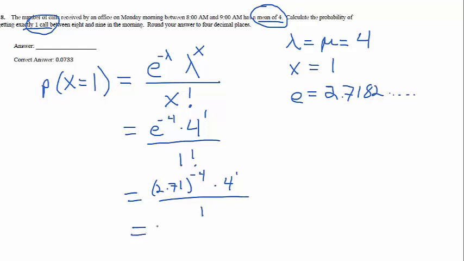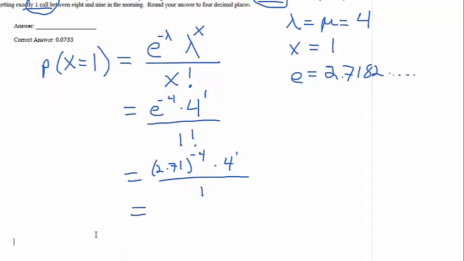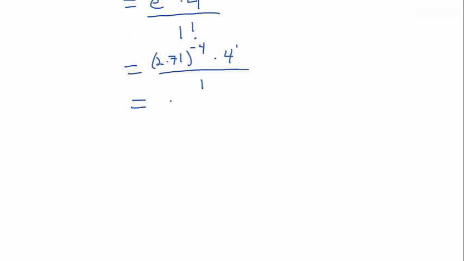So this is equal to 2.718 to the, again using that x to the y button, negative 4, and that gives me 0.0183, that's a 0, not a 6, times 4 over 1, but I don't need that 1 anymore, it disappears.